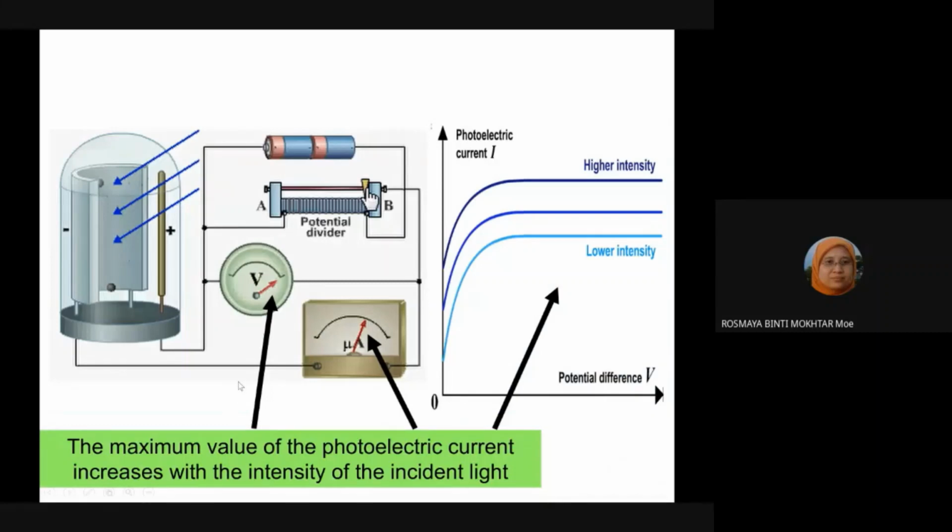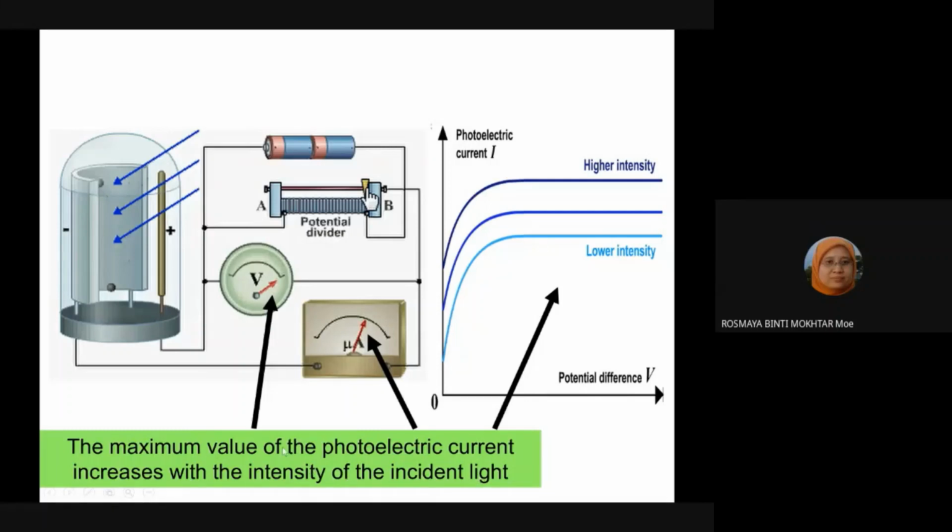If we use the same light but we make it brighter, or in other words, we increase the intensity, what happens? We will increase the maximum value of the photoelectric current. The maximum value of the photoelectric current increases with the intensity of the incident light.